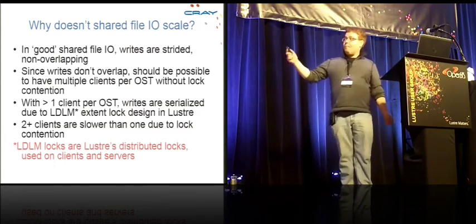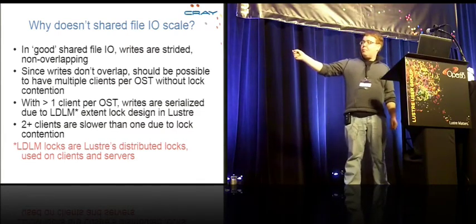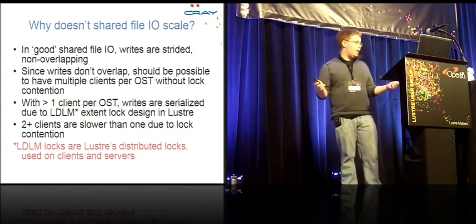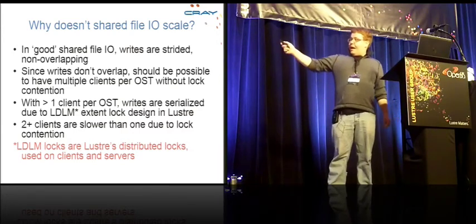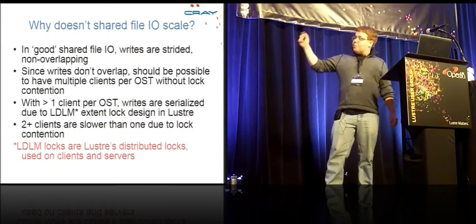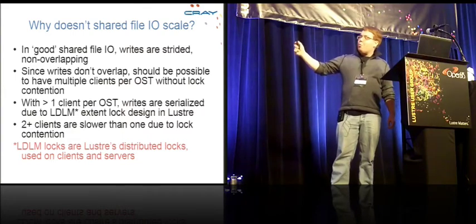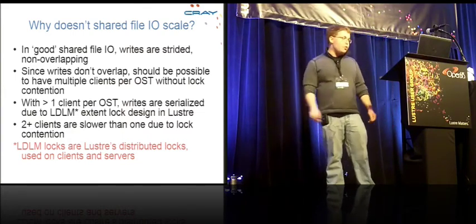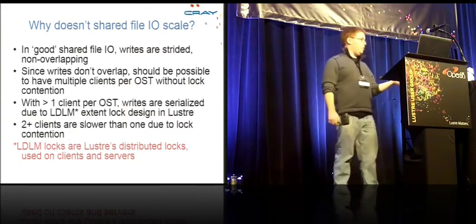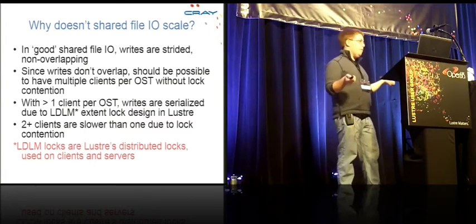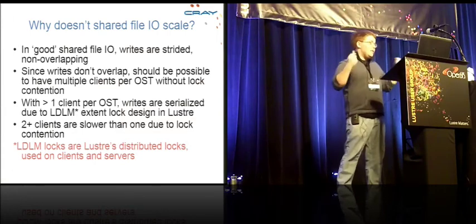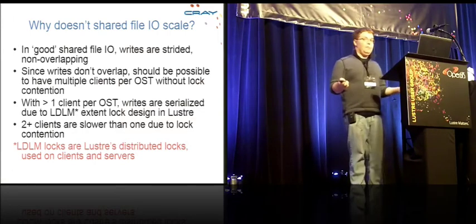And the answer is that because of the LDLM, which are Lustre's distributed locks, the ones that are passed around between clients and servers to manage contention between clients, because of the design of LDLM, the writes are serialized, and more than two clients are slower than one. And remember that these two clients aren't actually trying to write to the same block of data, so the lock contention is a design artifact rather than something fundamental.